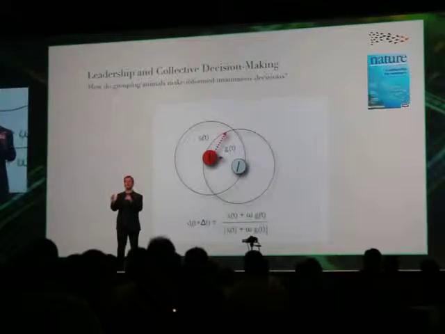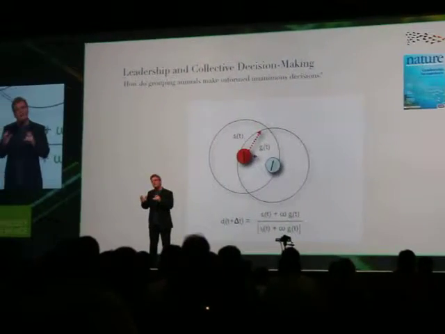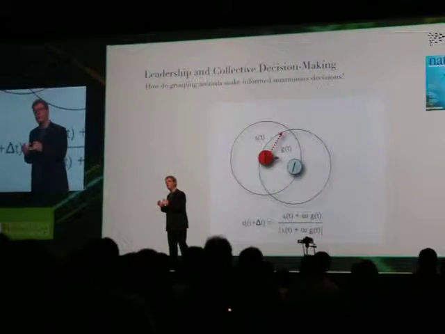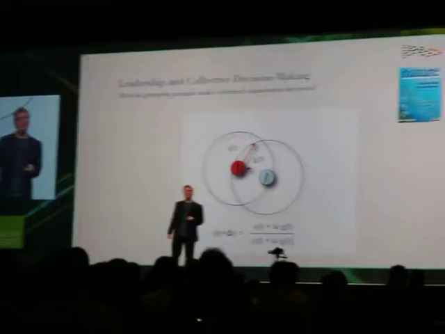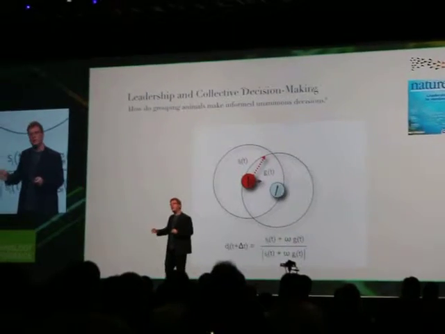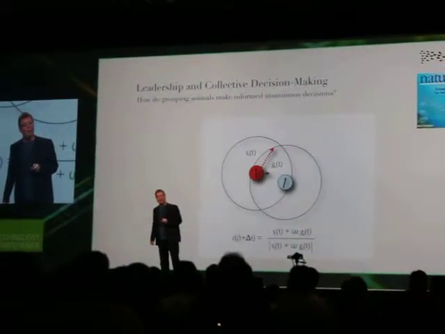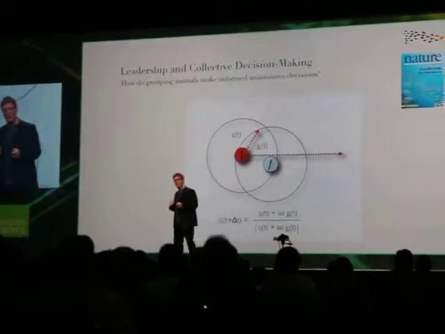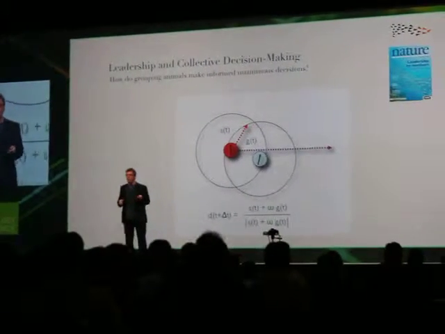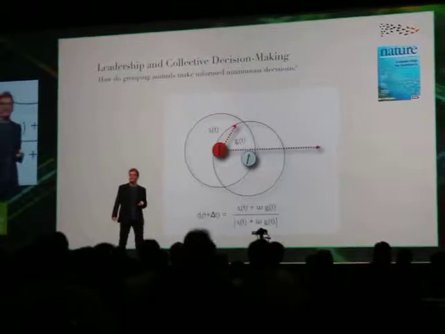And what that omega really is, is how strongly you weight your goal-oriented information. If that weighting is relatively low, you're not really hungry, you don't really need to go over there, and so it doesn't have a large impact on your motion. However, if omega becomes large, then your goal-oriented behavior becomes very important to you. You really want to get your own way and go in that direction.